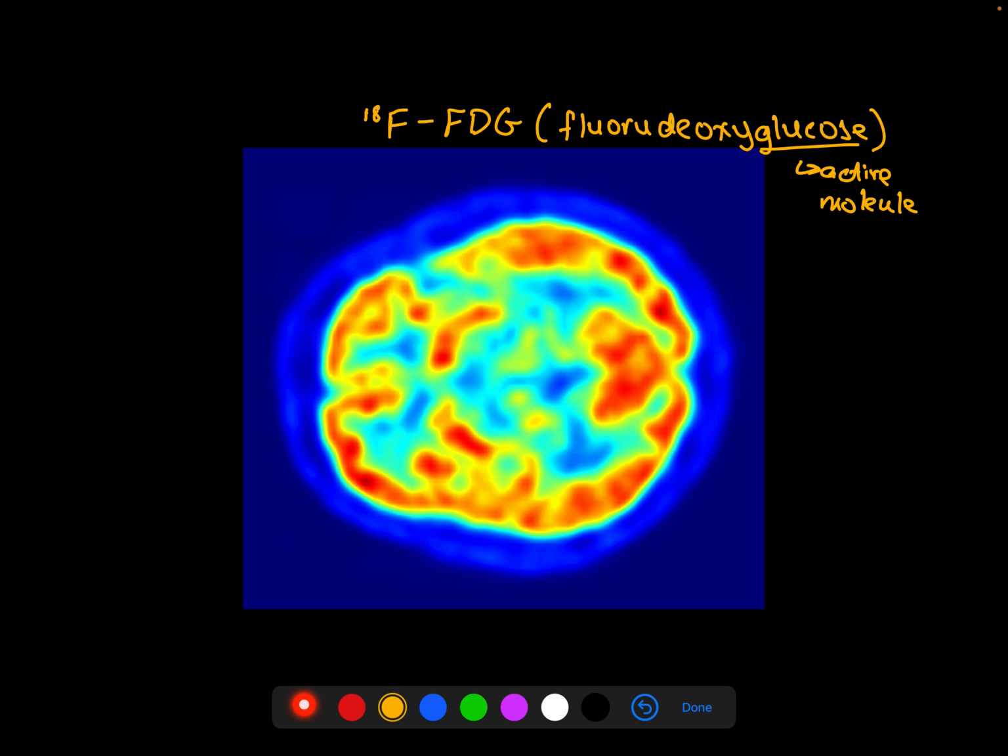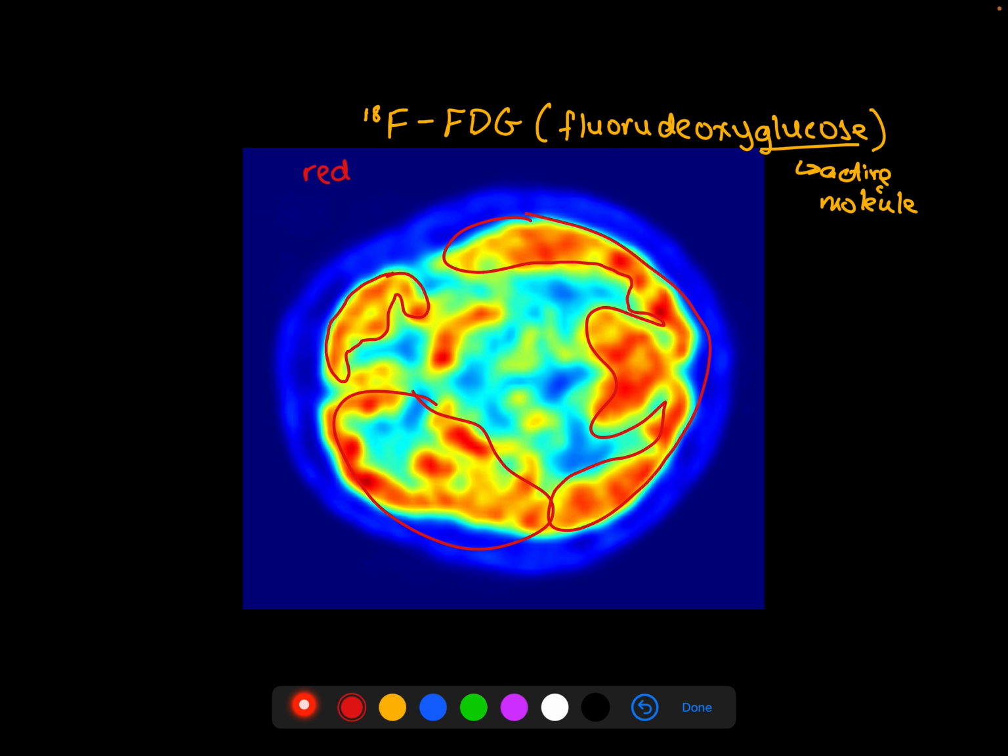Just basics of looking at a graph, like looking at this scan. Red or yellow. So red, you can see around some of the cortical areas here, something like that, and here. These red indicates high activity.